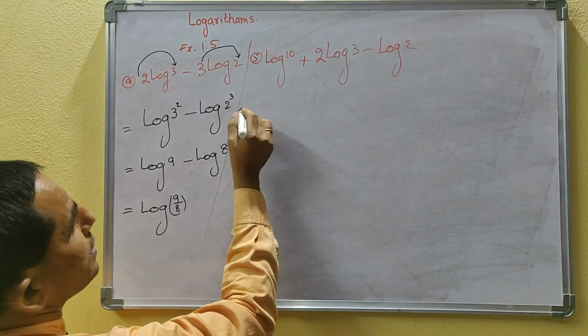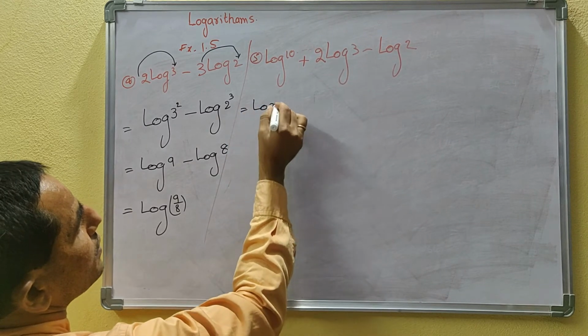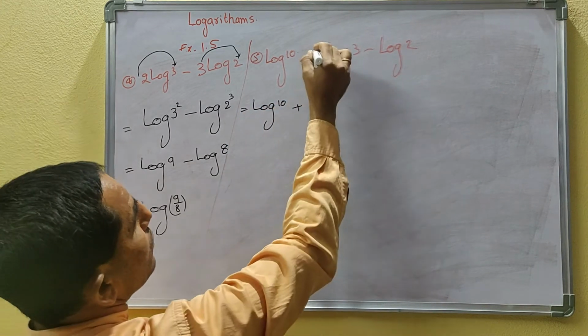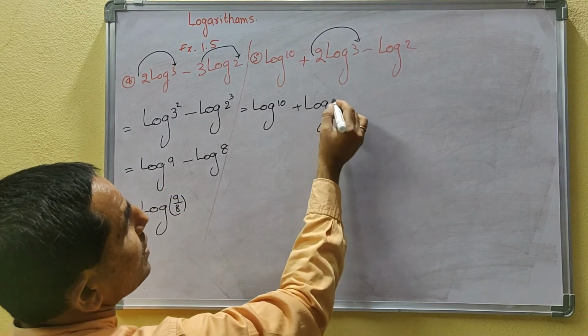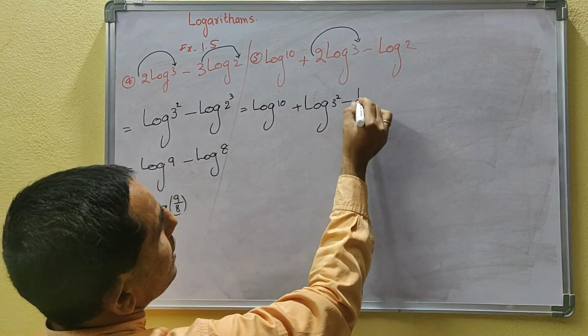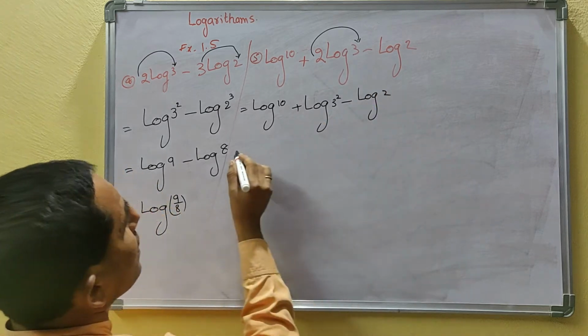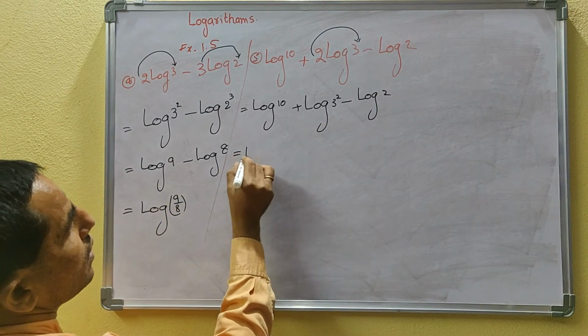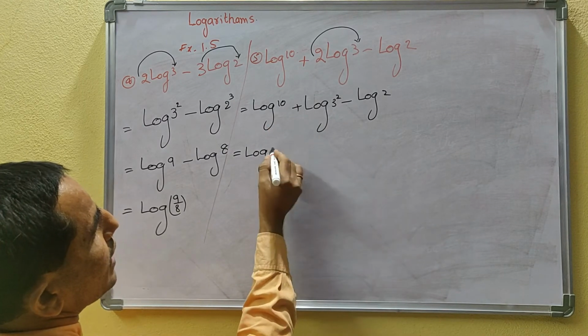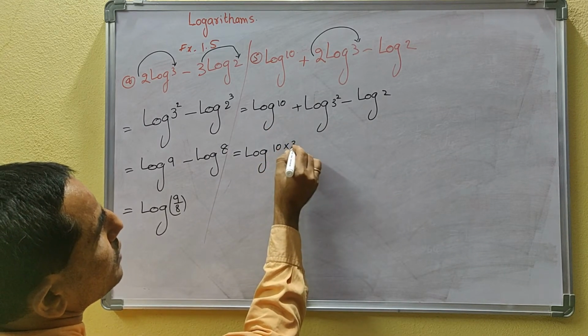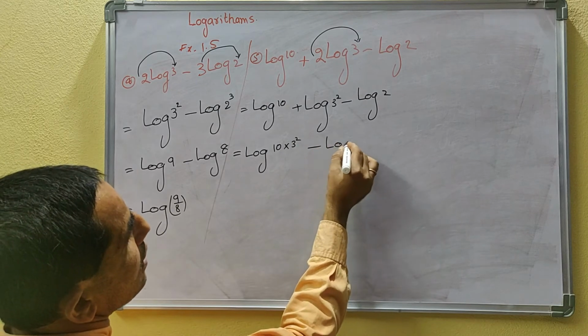So log 10 is there. I will write it as it is, log 10 plus, here 2 will come as an exponent, log 3 square, minus log 2 as it is. Again it can be written as log, where log a plus log b is log ab, means 10 into 3 square, minus log 2.